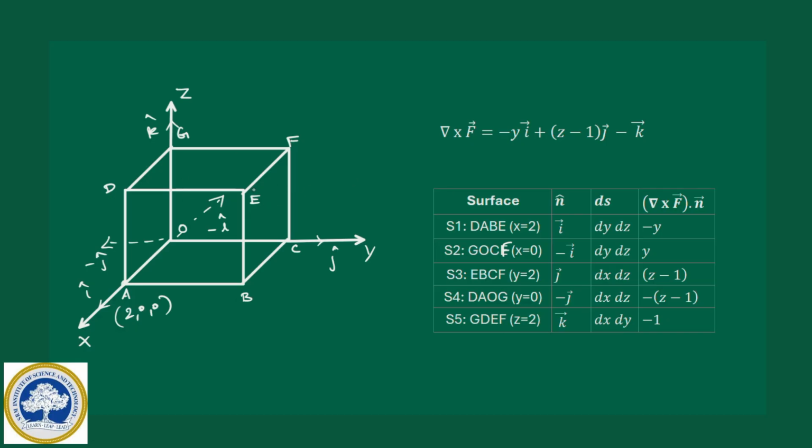Since it lies in the yz plane, we have to consider the differential as dy dz here. That is actually the formula: dS is dy dz divided by modulus of n dot i. Already n cap is nothing but i, so i dot i is equal to 1, so we get it as dy dz in the case of the yz plane. That is what happens for this surface, and now S2.